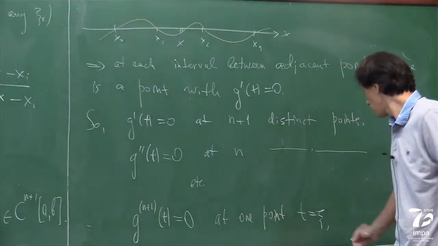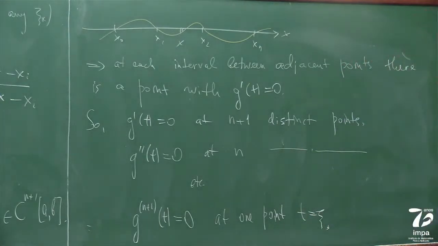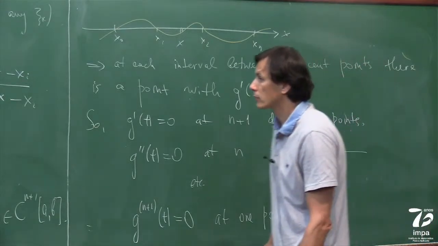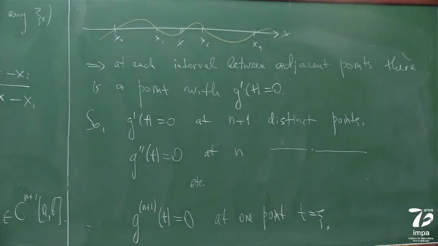So we found the point where the n plus first derivative is 0, and then let's just compute explicitly this derivative.